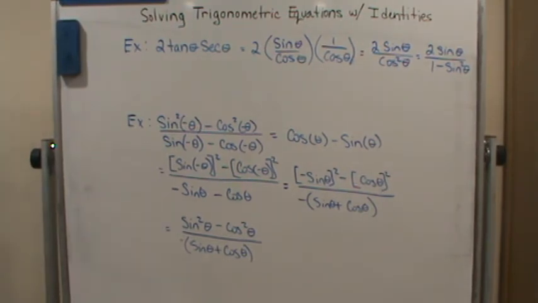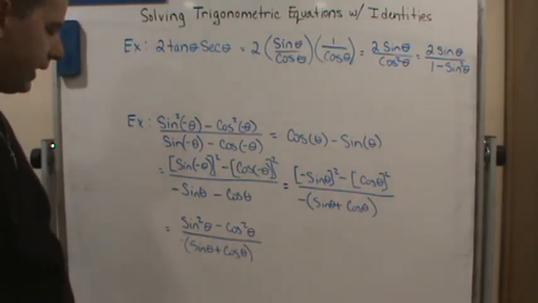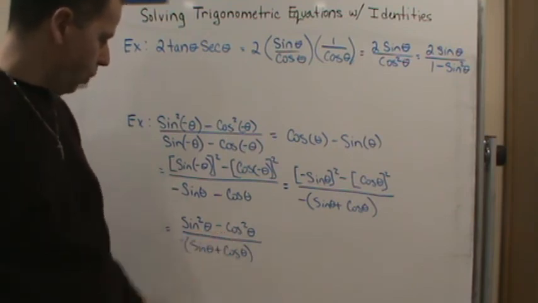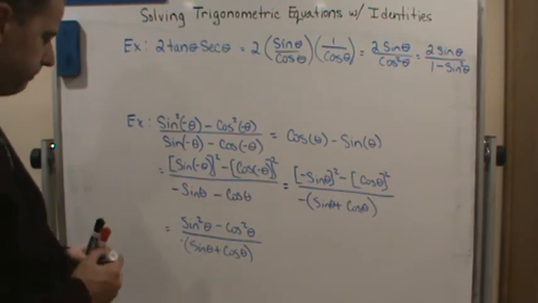Okay, so now, what can I do here? Well, what do I have on top? Notice that this is another common form that you should be familiar with. So think of this as x squared minus y squared. This is a difference of two squares, so we can factor that.